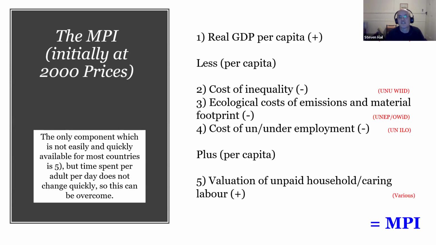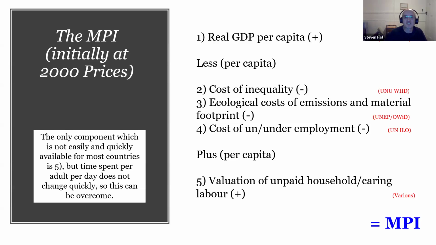You could value household labour by identifying the activities that people do in households and applying market wage rates to those various activities. And sometimes this is done. It's simpler and more realistic in a study like this one just to take the estimated number of hours a day that people over the age of 15 put into household and caring labour and use that in the statistic, which is what I've done.